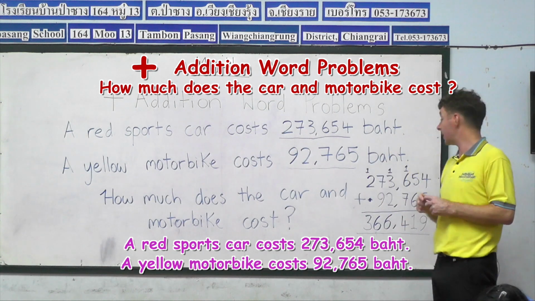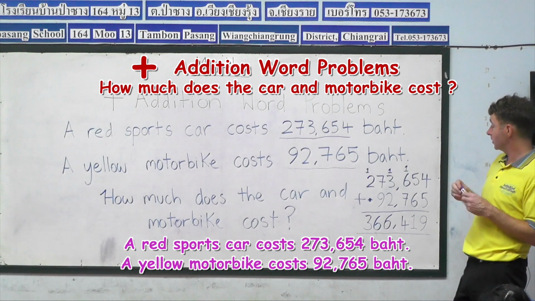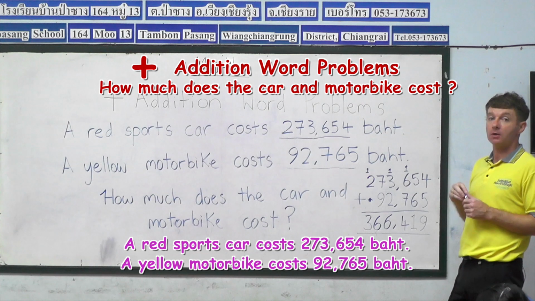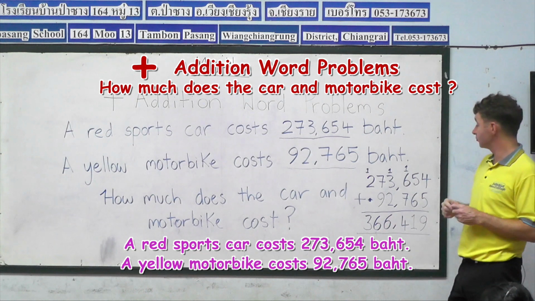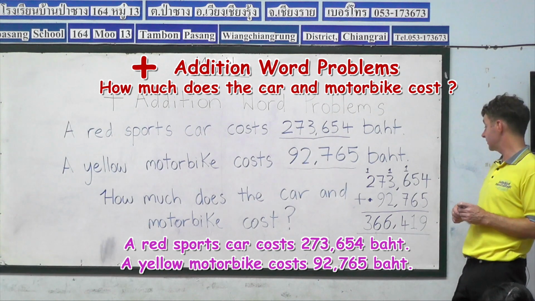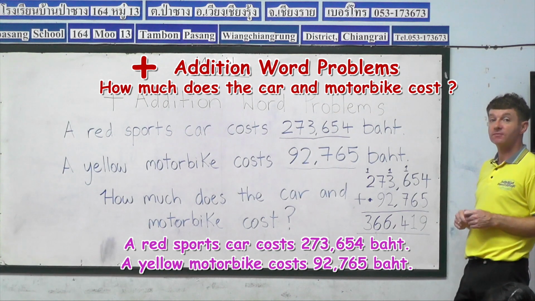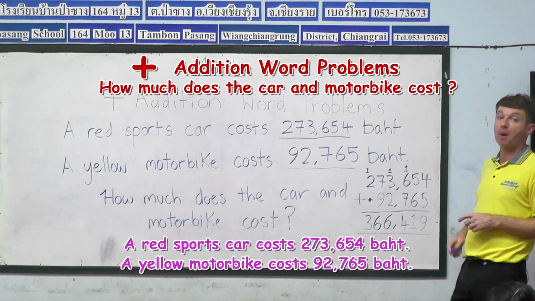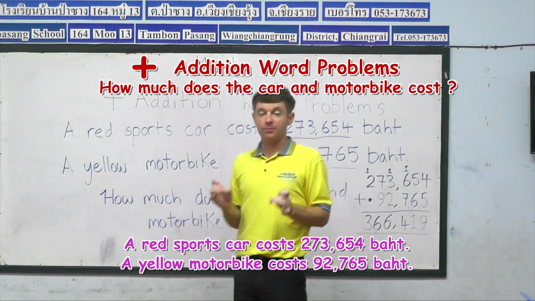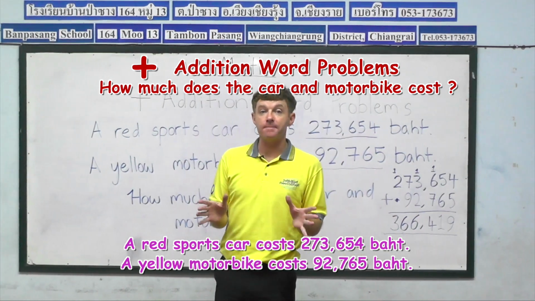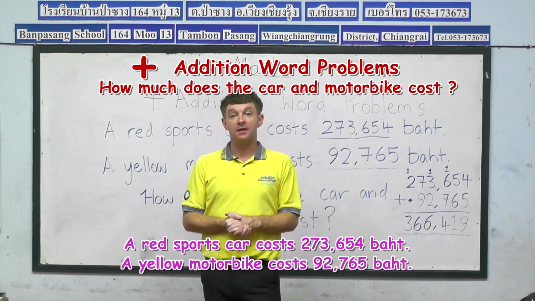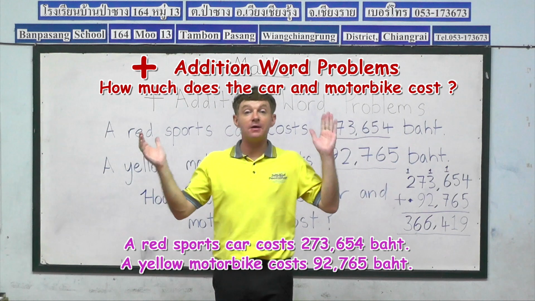And we can answer by saying the cost of the motorbike and the car is 366,419 baht. And this is what we mean by addition word problems. We just need to read them, understand them, and do the addition calculation as normal. And that was excellent, guys. Very well worked out.